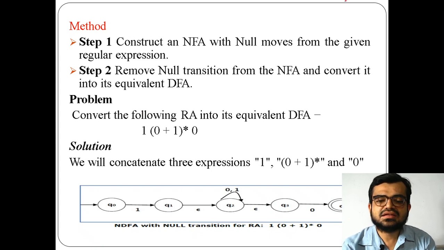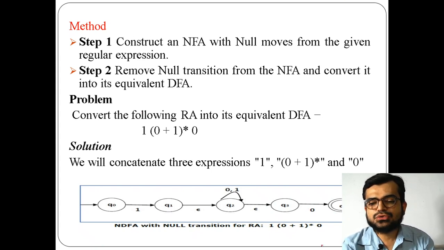And see here, there is one example where they have directly converted this into an NFA without null transition. So you can see here, this is which operation you are performing, in between the concatenation of 0 plus 1, closure and 0.